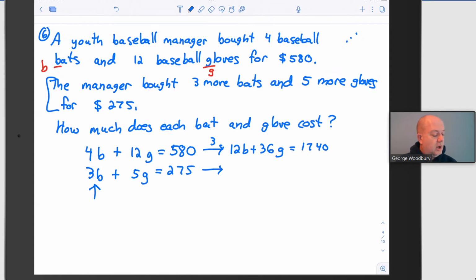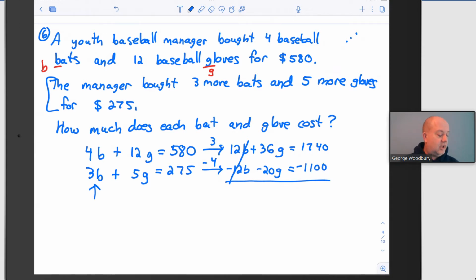For the other equation, I'm going to multiply by negative 4 because negative 4 times 3b is going to give me negative 12b. And when I add these equations together, that adds to be 0, eliminating one variable, leaving only one. Negative 4 times 5g is negative 20g equals negative 4 times 275 is negative 1,100.